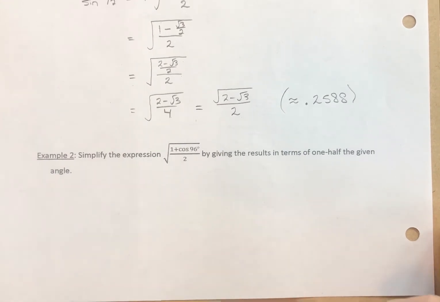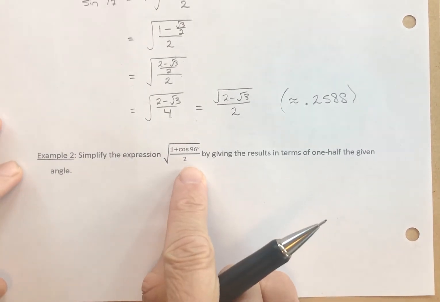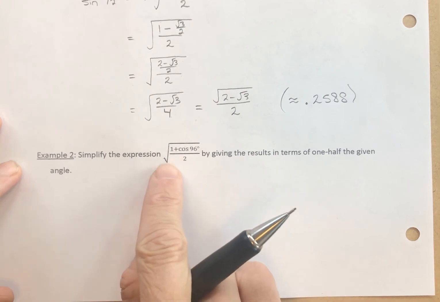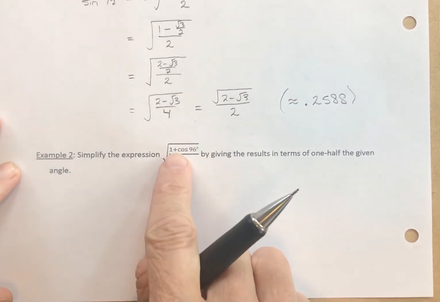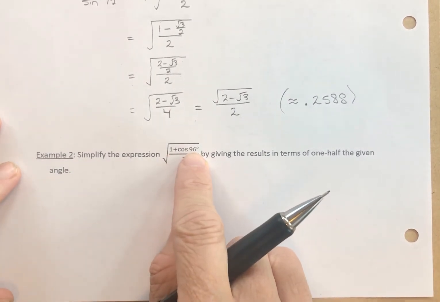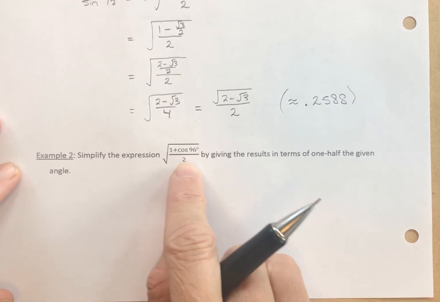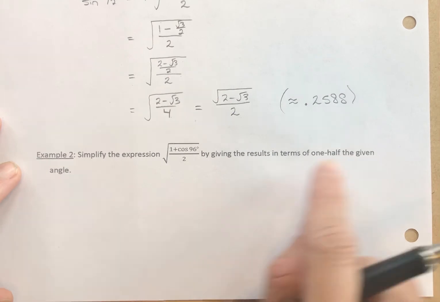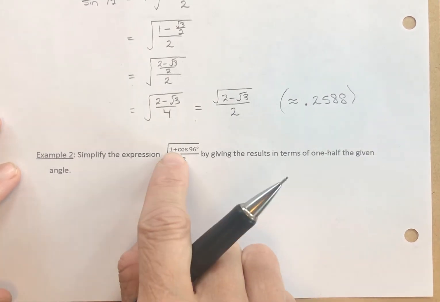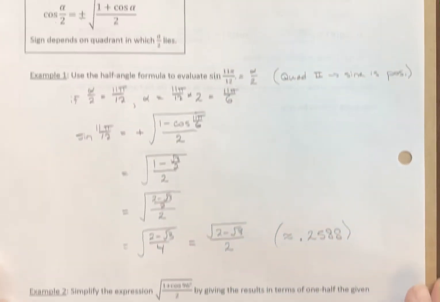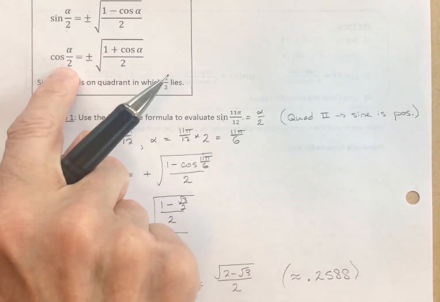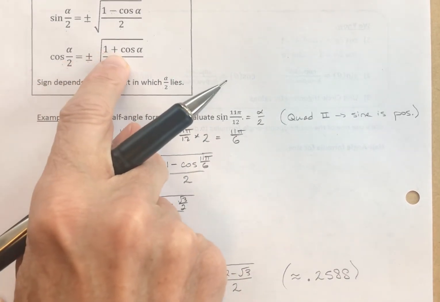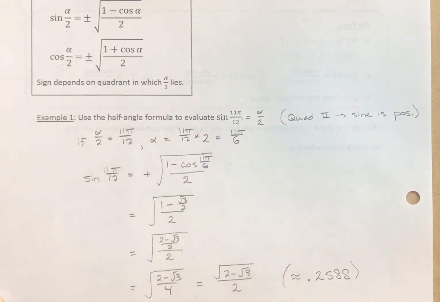Let's take a look at this one. We want to simplify this expression. The positive square root of 1 plus the cosine of 96 degrees divided by 2, giving the result in terms of 1/2 the given angle. Well, positive here tells us that we're using the cosine of alpha over 2 because that formula has the positive under the radical there.